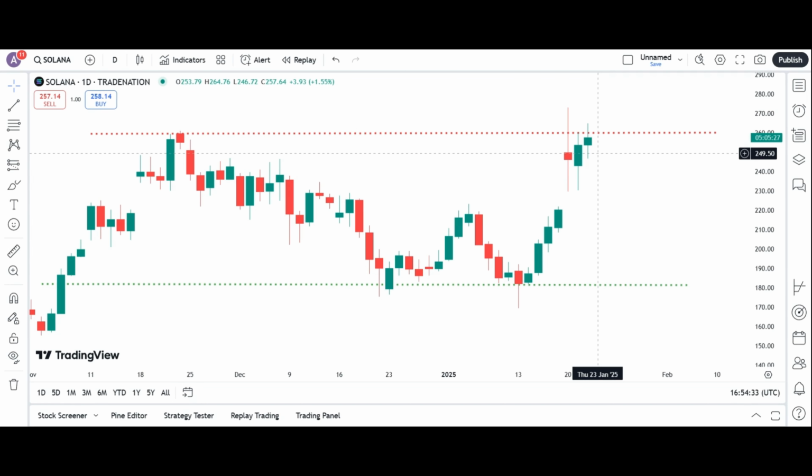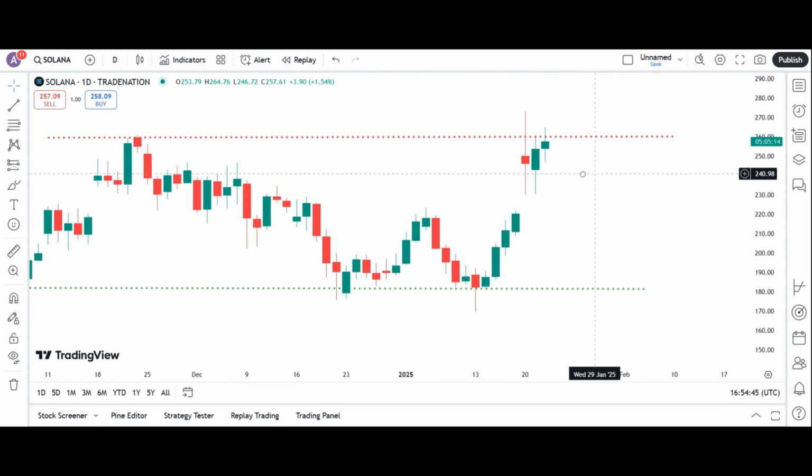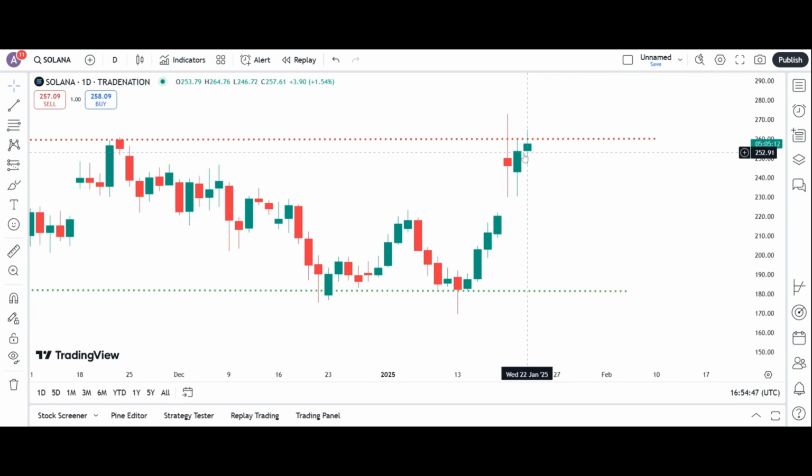And as I mentioned earlier, there are three scenarios after these candles. For example, we can see that our latest candle is touching the resistance zone, and for the next candle, for example for tomorrow, because it is a daily time frame, there are three scenarios that could happen.